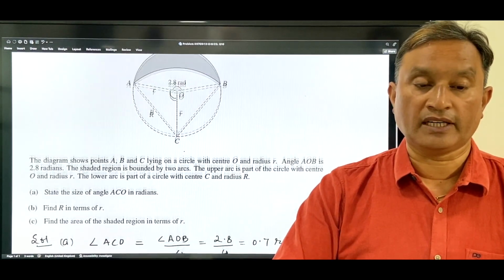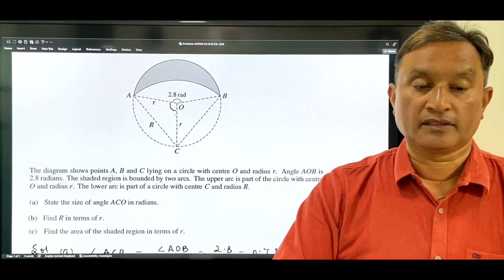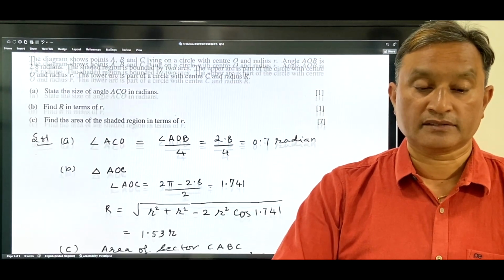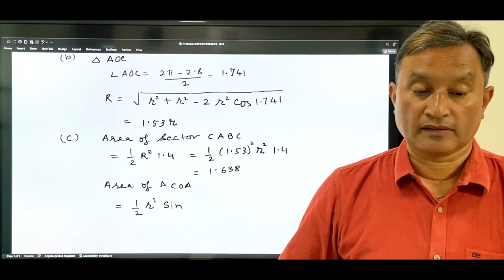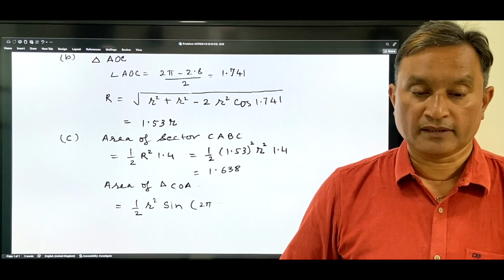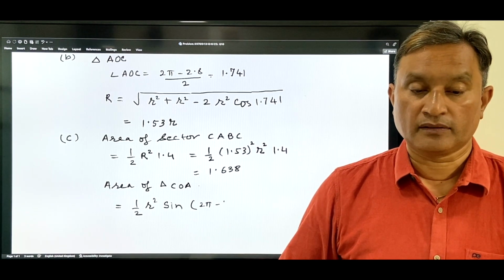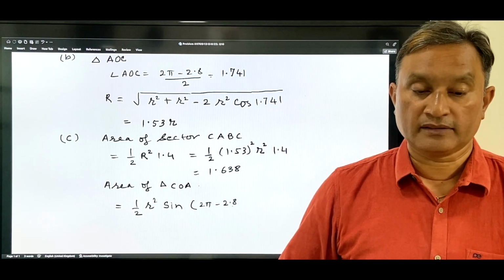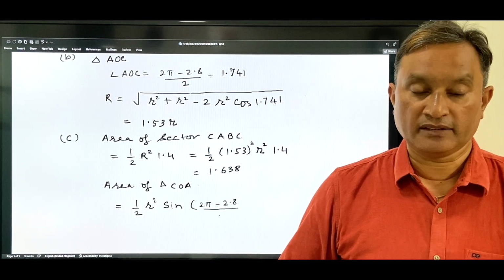Now the theta value would be here again (2 pi minus 2.8) divided by 2.